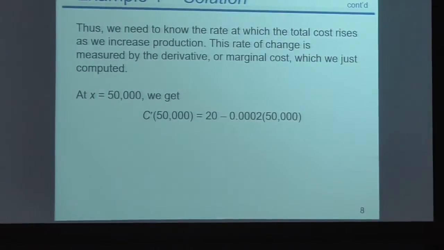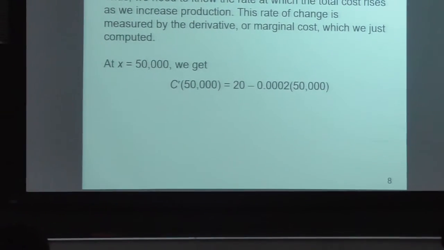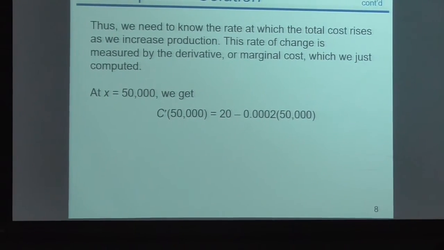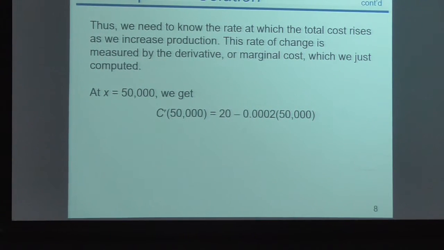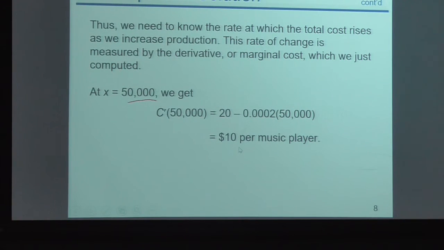Thus we need to know the rate at which the total cost rises as we increase production. The rate of change is measured by the derivative of the cost function, which we just computed. So if we put in 50,000 in here, we get this calculation, which turns out to be $10 per music player.